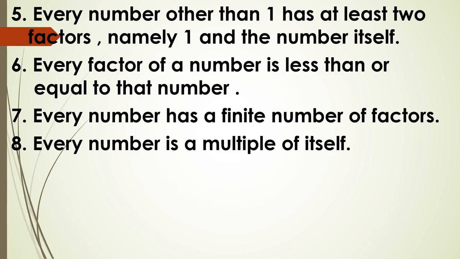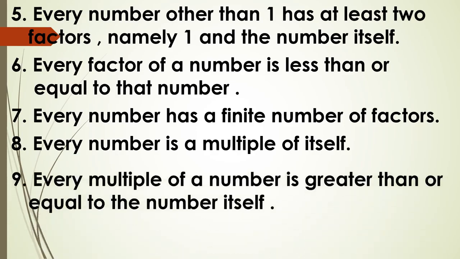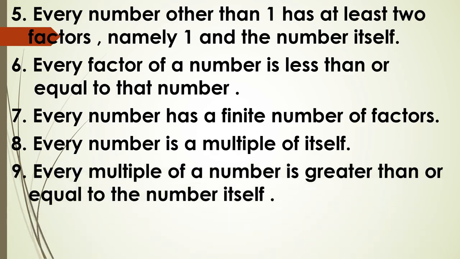So every number is a multiple of itself. 9th, every multiple of a number is greater than or equal to that number. Factors are less than or equal to, but multiples are always greater than or equal to the number itself. Multiples are never less than the given number.